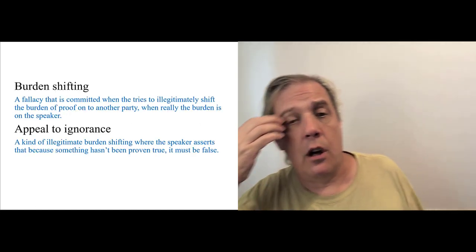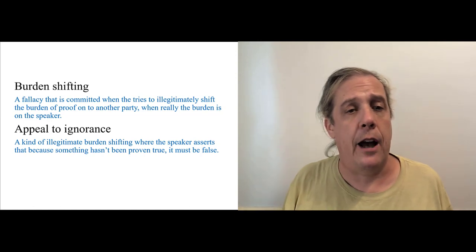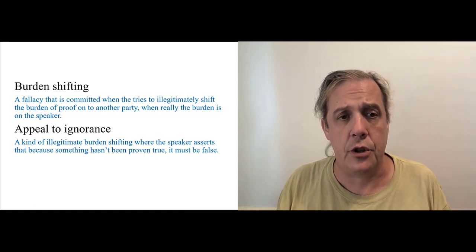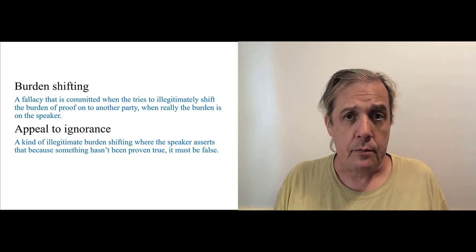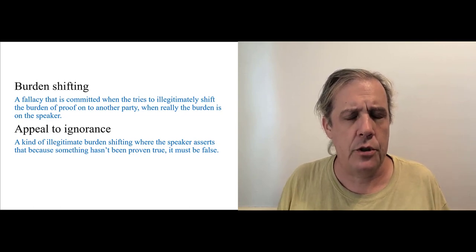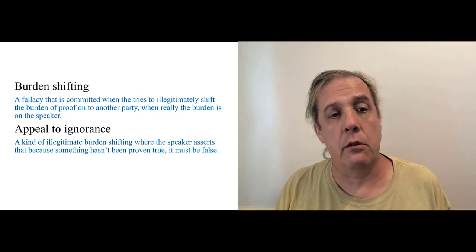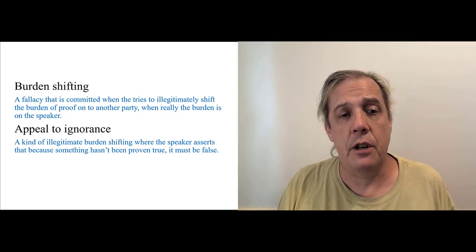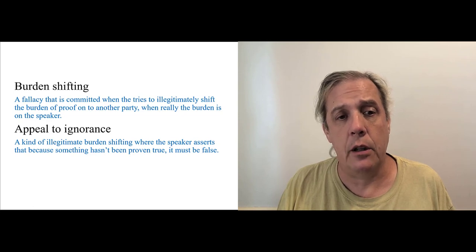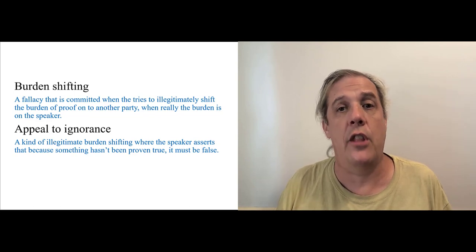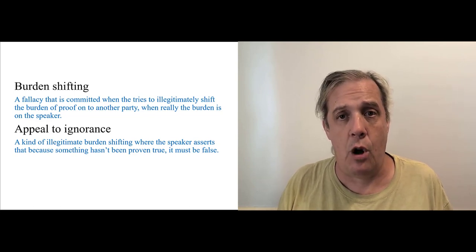So this gives us two key fallacies that we keep track of in the traditional approach to critical thinking: burden shifting and appeal to ignorance. Burden shifting just is what I was describing. It's the fallacy that's committed when someone tries to dump the burden of proof on you when really it's on them. You can't prove me wrong.